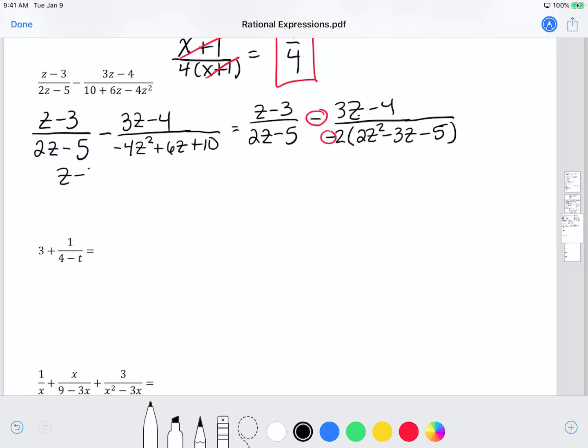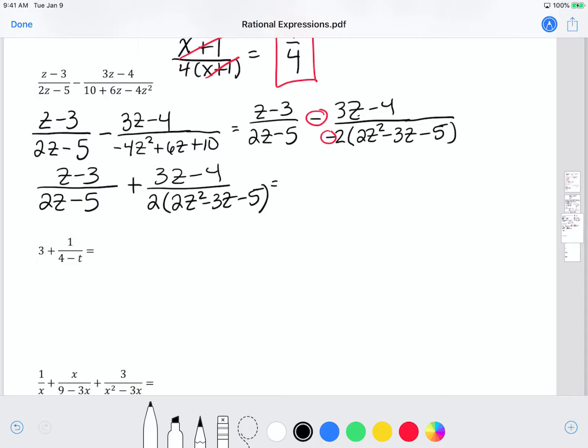So I have z minus 3 all over 2z minus 5 plus, because I have a double negative, 3z minus 4 all over 2 times 2z squared minus 3z minus 5.